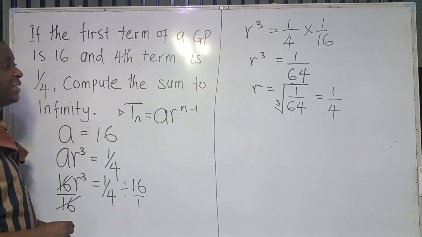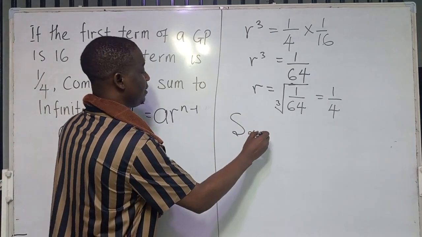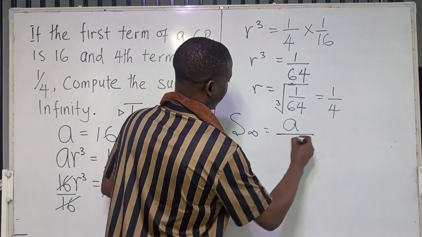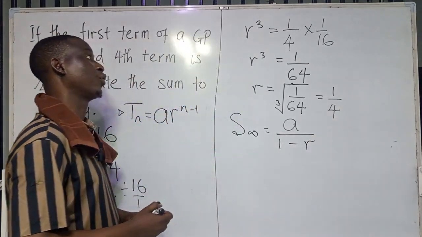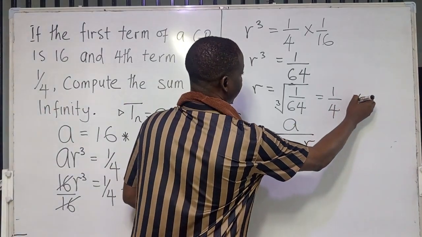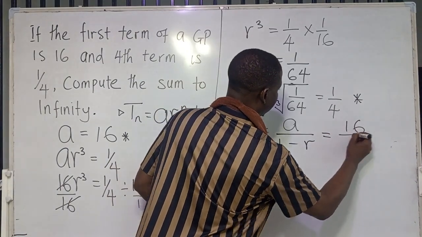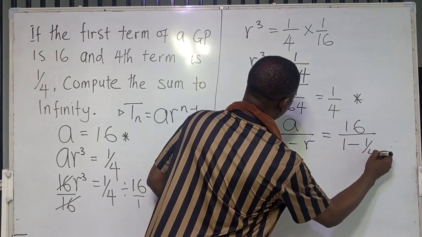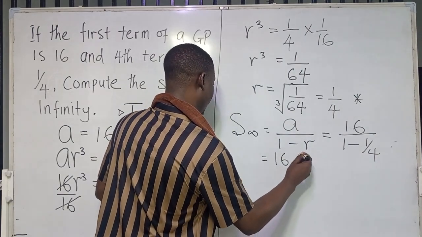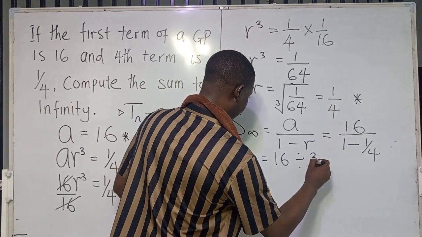Now, because the question says compute the sum to infinity, we know our a, we know our r. The sum to infinity formula is simply a over 1 minus r. We know our a here and we already calculated our r here, so combine the two pieces of information. This gives 16 divided by (1 minus 1/4), which is 16 divided by 3/4.